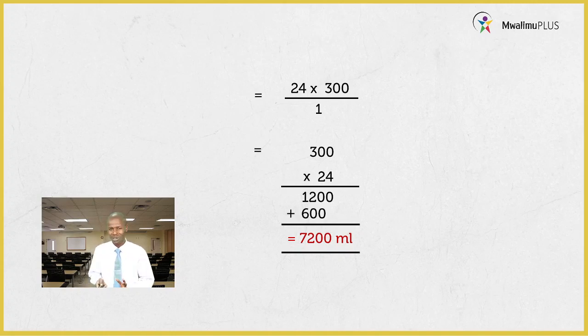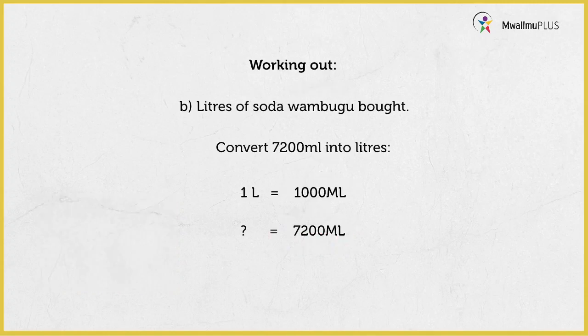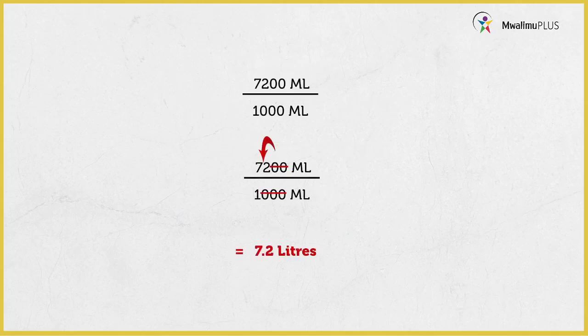You take the number of milliliters that you have, and then you divide by 1,000, and that will give you 7.2. What I mean by that is you cancel the 2 zeros that you can clearly see in the numerator, and also the 2 zeros in the denominator, and that will leave you with 72 out of 10. Then you divide 72 out of 10 to get 7.2. Very, very simple.